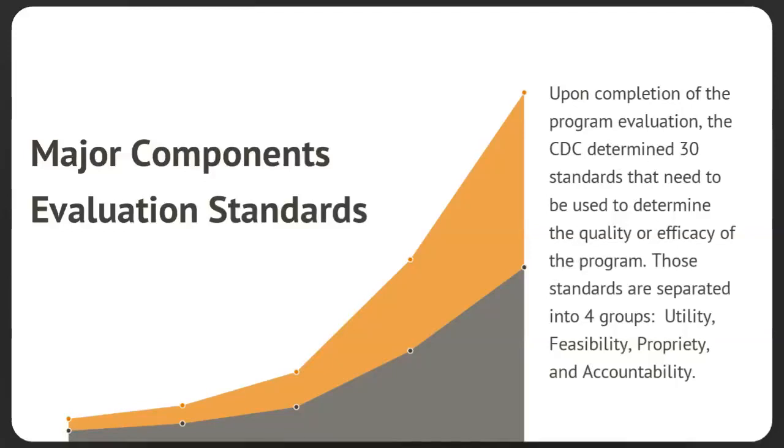All four are important to each aspect of research. And I think it's crucial that we understand that although there are 30 standards, these are the four more commonly used. Having evaluation standards in research allows those who are not involved in the research to understand why this research is being done, who it is impacting, how efficient and effective the research was, and whether it was flawed. These standards help with that.